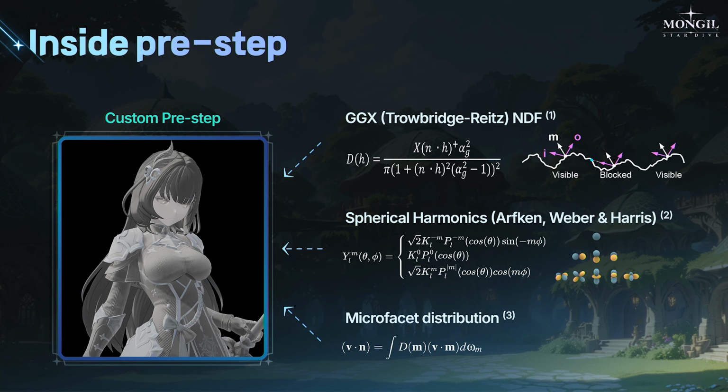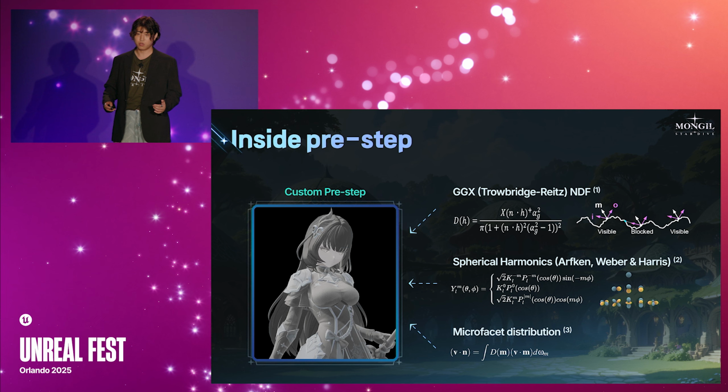Within the rendering equation, several sub-equations are used to achieve aesthetically pleasing results, such as GGX equations, spherical harmonics, and microfacet distributions. Some of these are used in their entirety, while others are selectively applied through specific components.